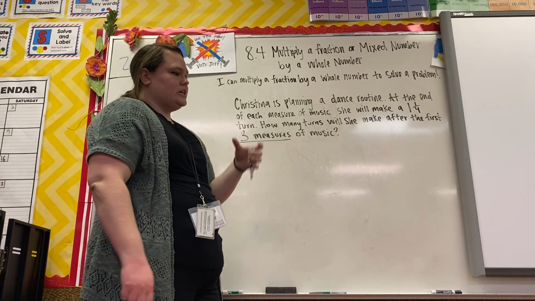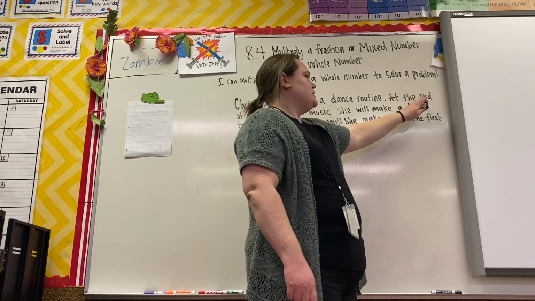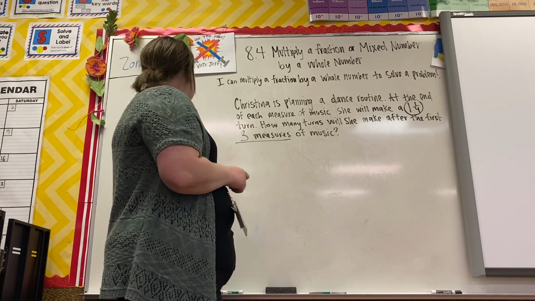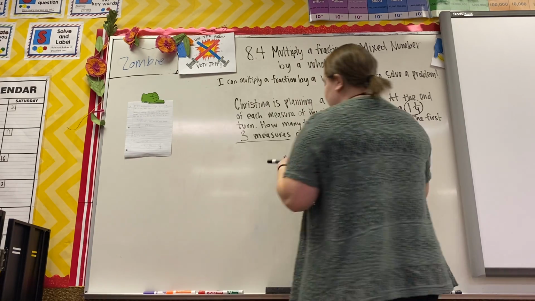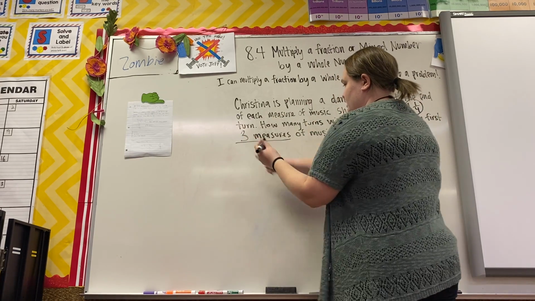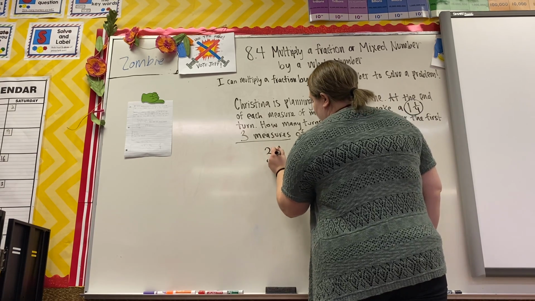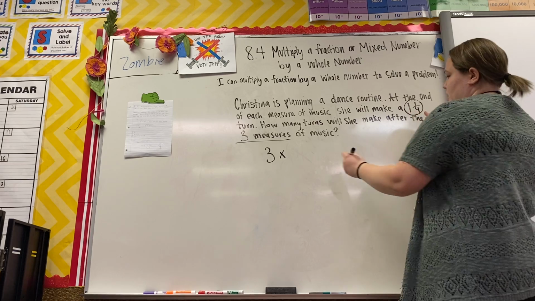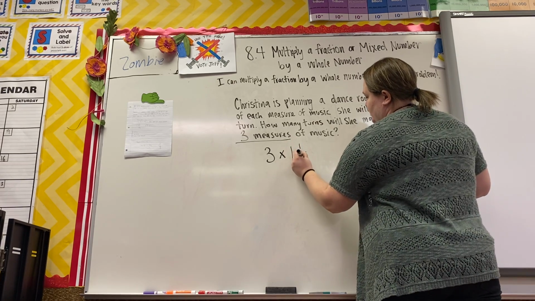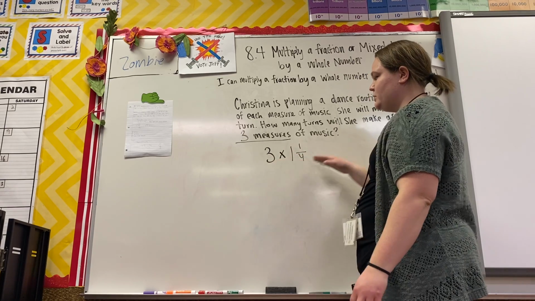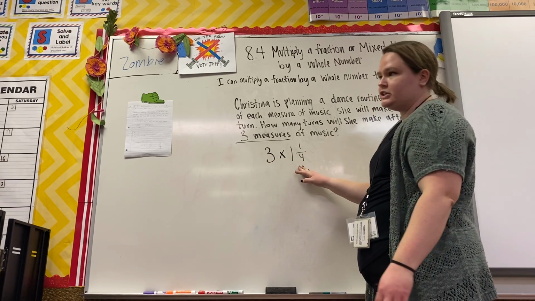And after each measure, she is going to do a 1 1/4 turn. So to set this up, we want to know 3 times 1 1/4, because 3 measures of music, and each one she'll do 1 1/4 of a turn.